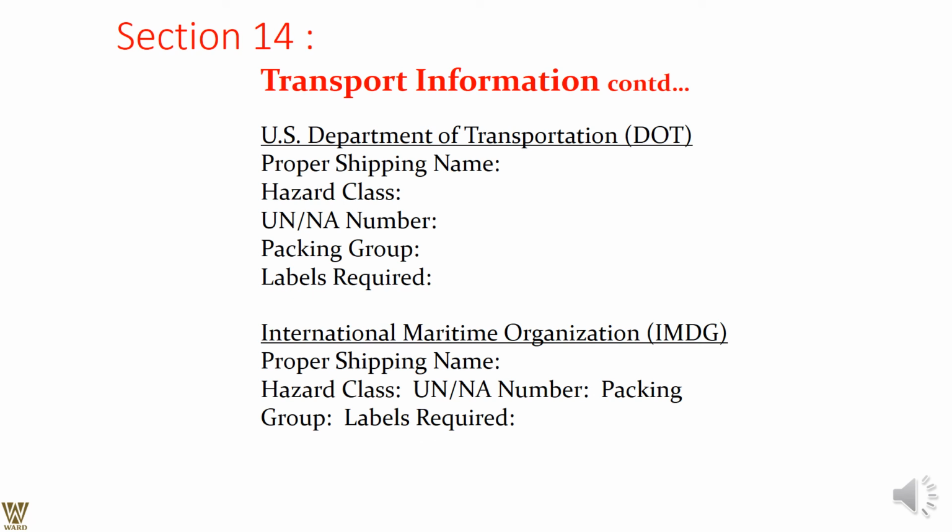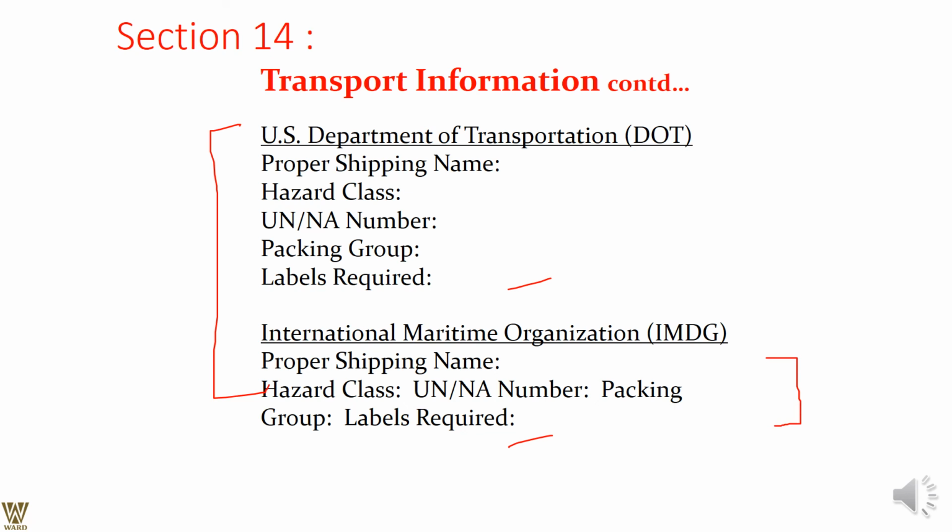Now, in departments of transportation, we need to understand the proper shipping names, the numbers, and the packaging groups. Everything has to be mentioned. With the International Maritime Organization, the same thing has to be followed: the batch production, the date of manufacturing, the expiry date, the group levels.